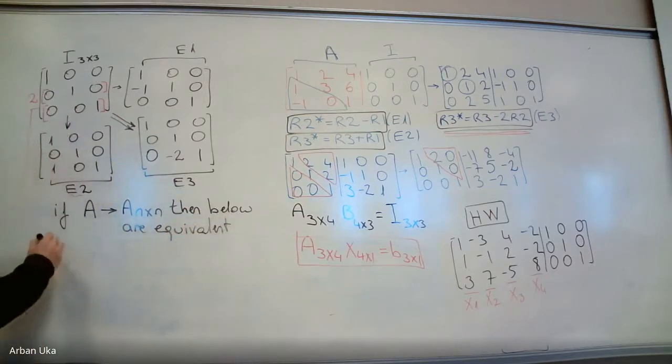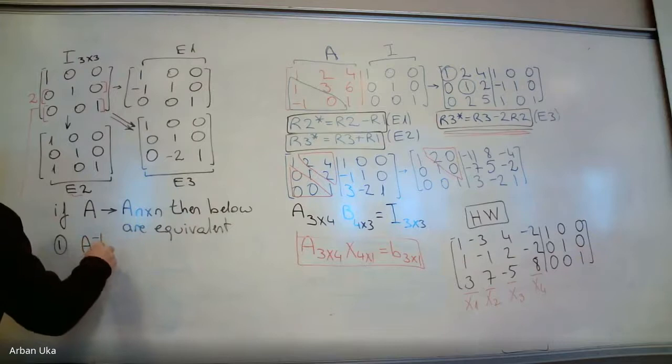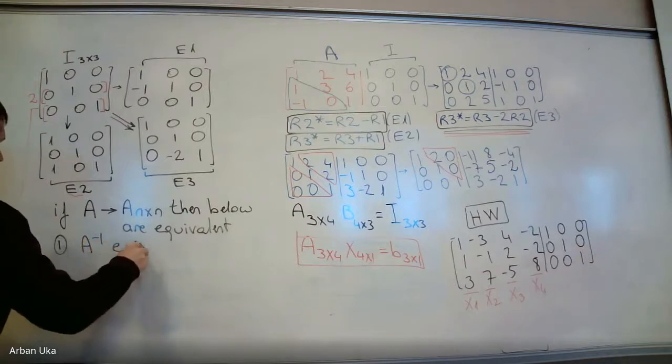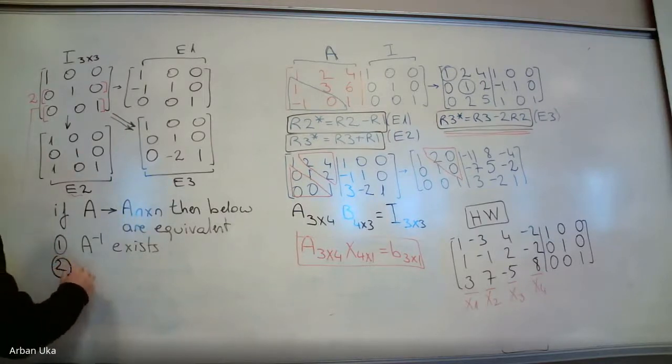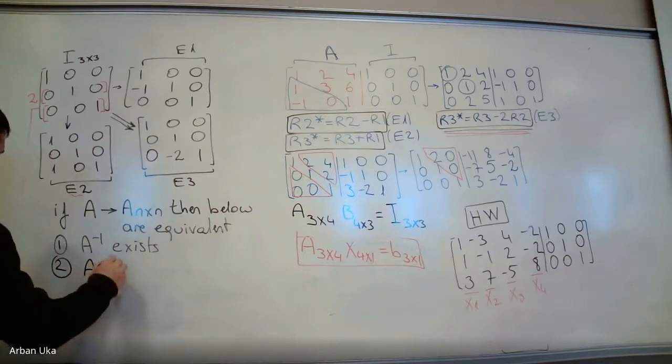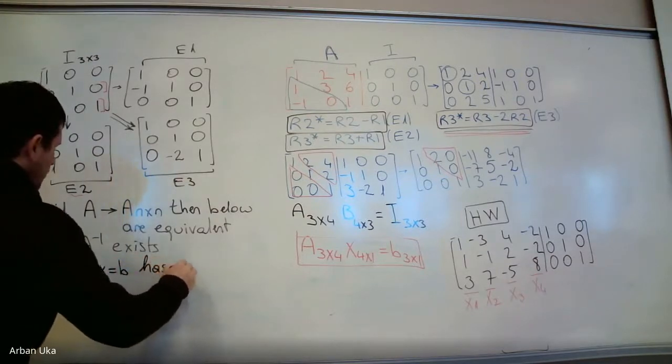So what are the statements that are equivalent? The first statement is the following: A inverse exists. If this is true, what statements can we see as equivalent? 2. AX is equal to B has a unique solution.